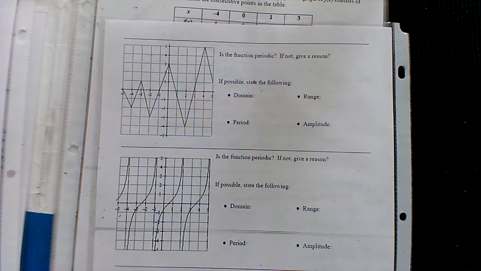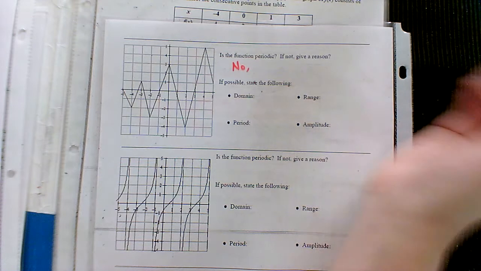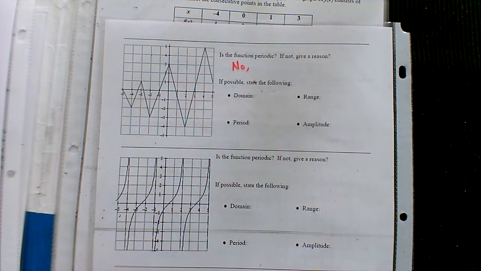All right, what about our next one at the top of the page? Is it periodic? Can you highlight a certain chunk of the graph that exactly repeats itself over and over and over? Unfortunately not. Okay, so we'll say no. If it's not periodic, we'll give a reason.